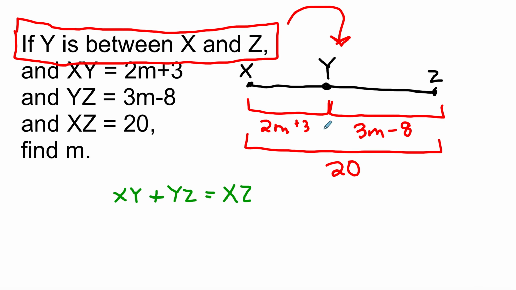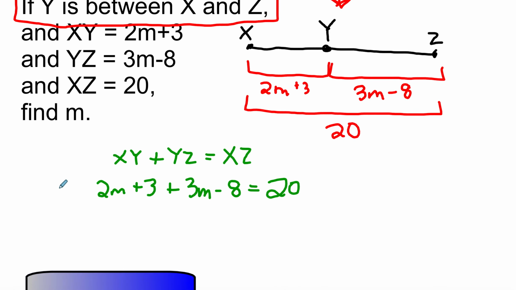Well, we can represent these in different ways. For example, XY is 2m plus 3. YZ is 3m minus 8, so where there's a YZ, I can just replace it with 3m minus 8. And XZ is 20. This is an equation that I can now solve.